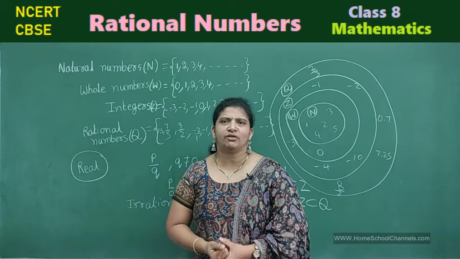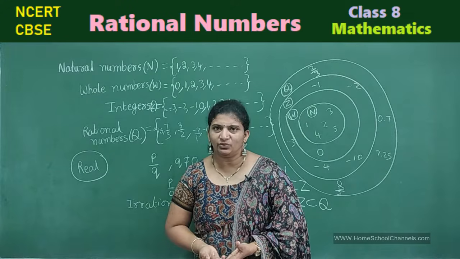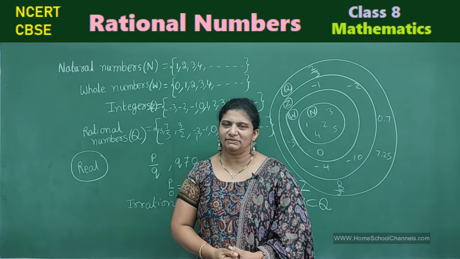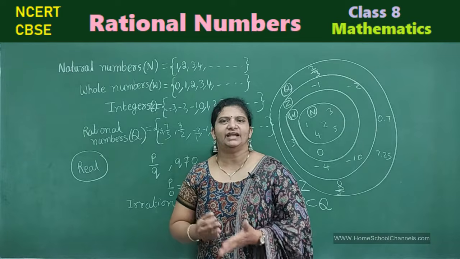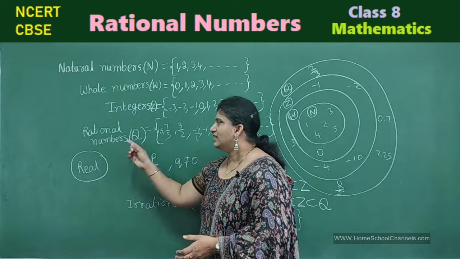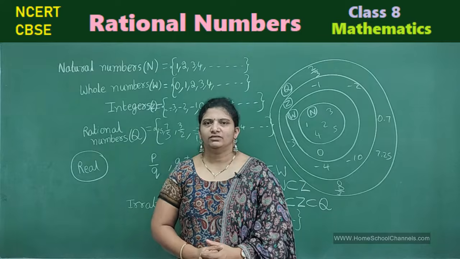Irrational, the numbers which cannot be expressed in the form of P by Q are called irrational numbers. Combinedly, rational and irrational numbers are called real numbers.